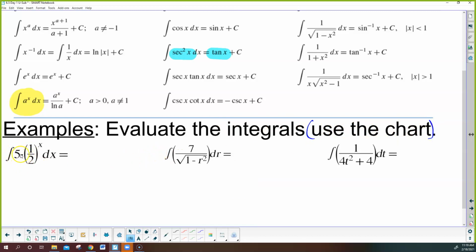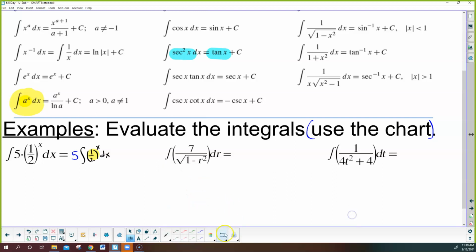Well, I've got a 5 times 1/2 to the power of x. That 5 is a constant multiplier. So remember, the 5 can be pushed out. And then I have a number raised to the power of x. Well, that number is in the same location as the a value right here, a to the power of x.